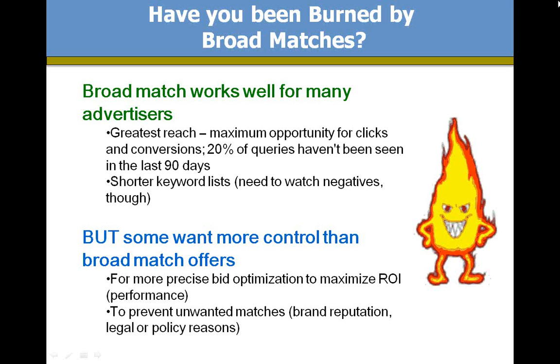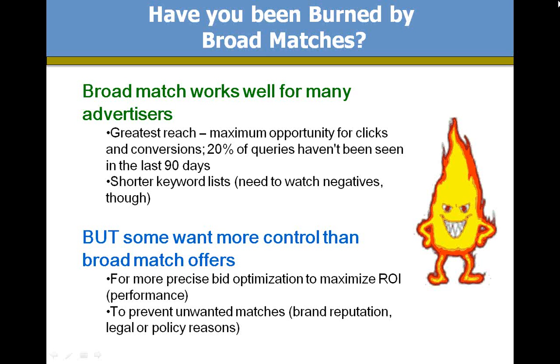Phrase and exact matches, on the other hand, offer advertisers the best control and more precise bid optimization. You can really maximize your ROI by tracking keyword level performance. Some advertisers have reasons for not buying broad match, because your ads can show on queries that you have no intention of buying.